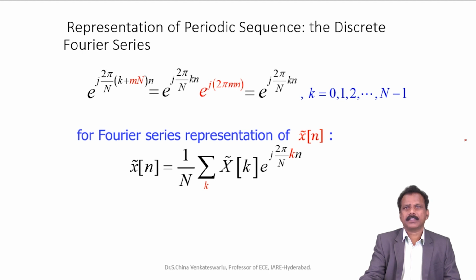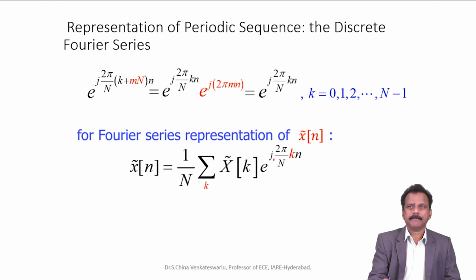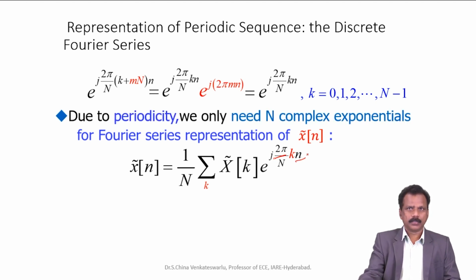The discrete Fourier series is like this. For the Fourier series representation of x of n, x of n is equal to 1 by N, the summation over k of x of k into e power j 2 pi by capital N into kn. Due to this periodicity, we only need N complex exponentials.